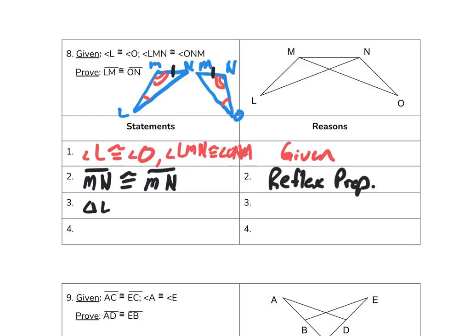Okay, so the first triangle, we can name it any way we want to name it. So I'm going to go triangle LMN. What piece would match with angle L? O. Okay. What would match with M?